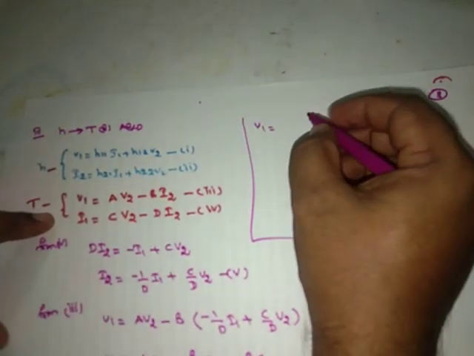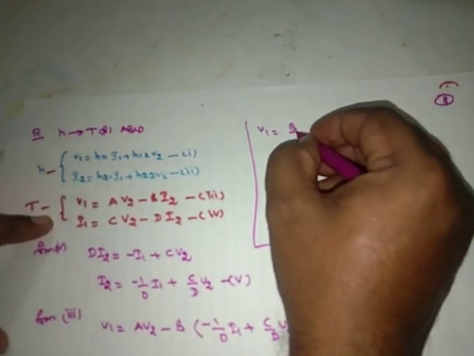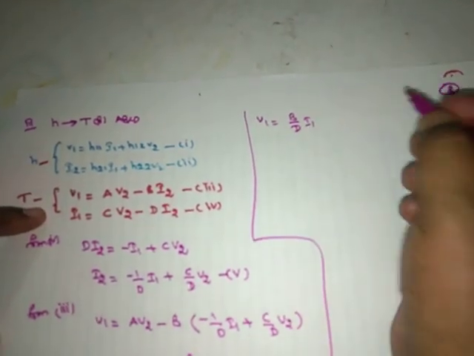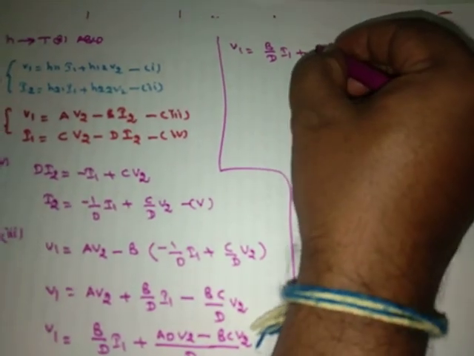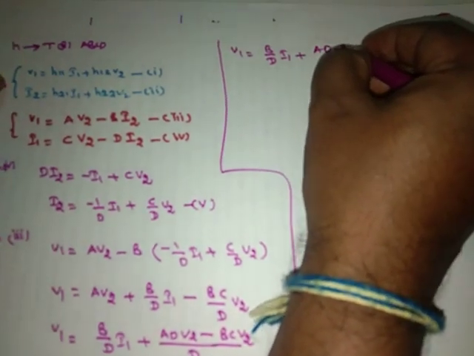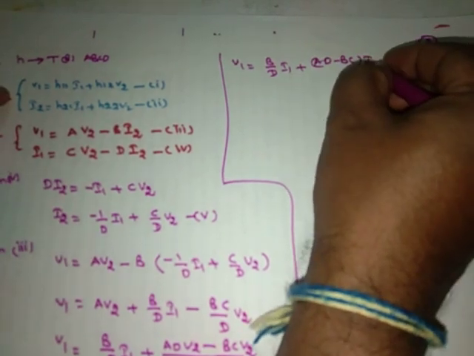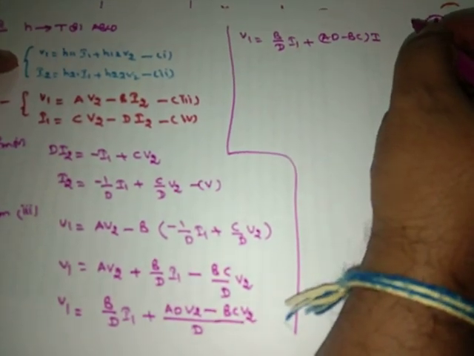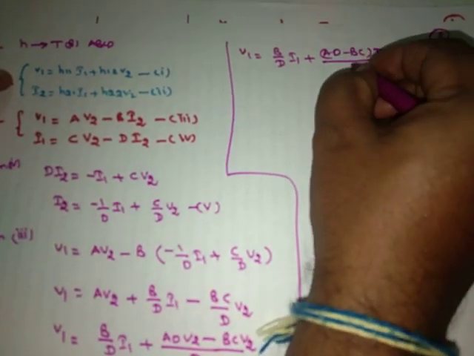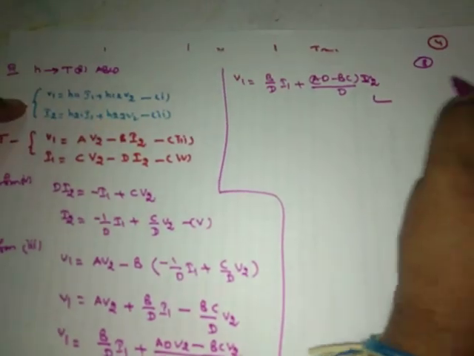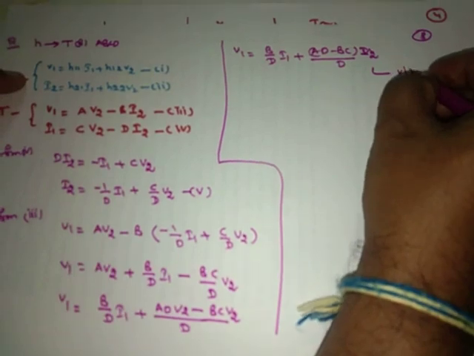V1 is equal to B by D I1 plus AD minus BC into V2 divided by D. Now this is equation 6.